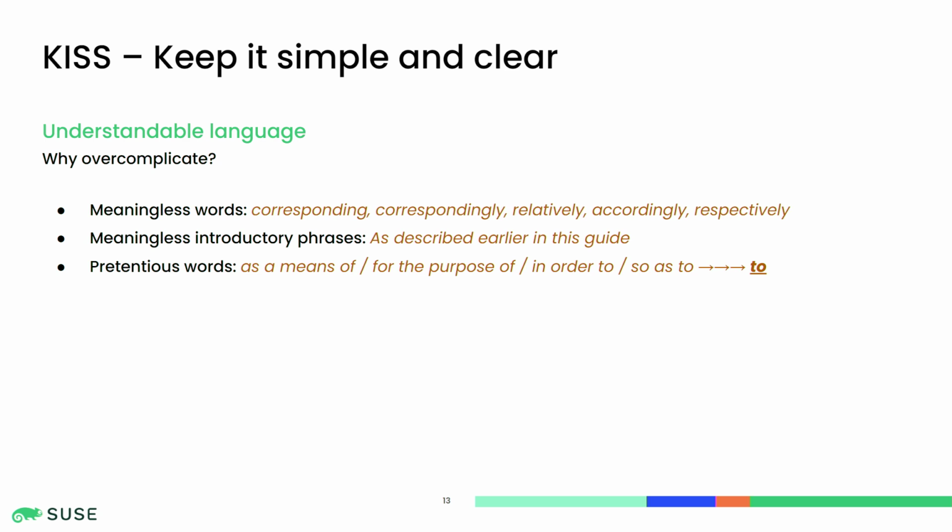And also we recommend avoiding pretentious words. Those could be acceptable in some legal speech, and they're preferred there: for the purpose of, in order to, so as to. These conjunctions and prepositions can be just safely rephrased with to do this, instead of in order to do that.